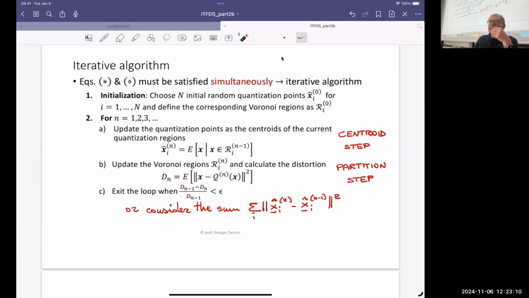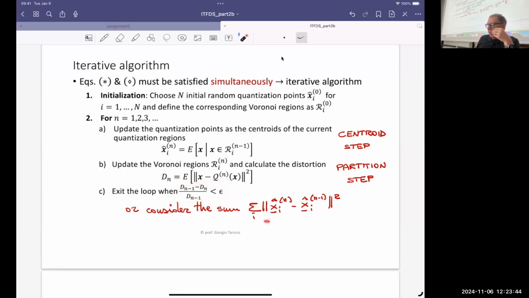Instead of considering the sum, we can consider the maximum distance, or there are different possible metrics. This one is quite simple. Also, this one is okay. Probably since our goal is to minimize the distortion, probably this one is even better.